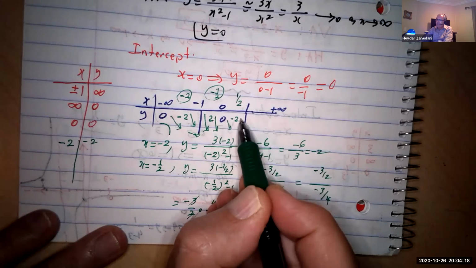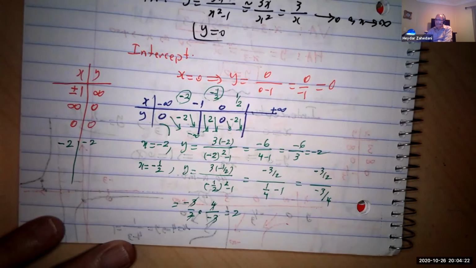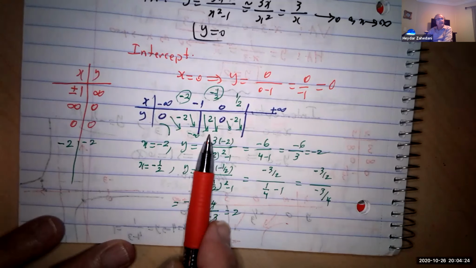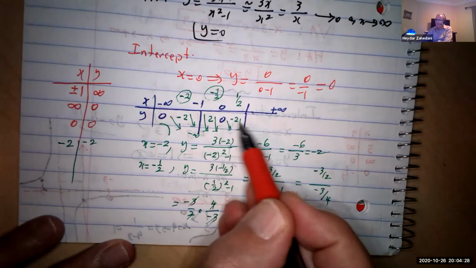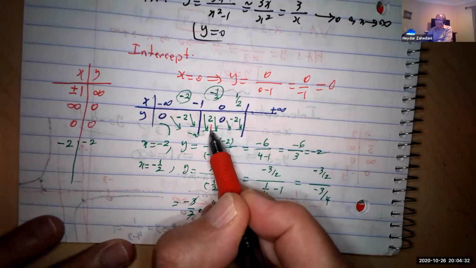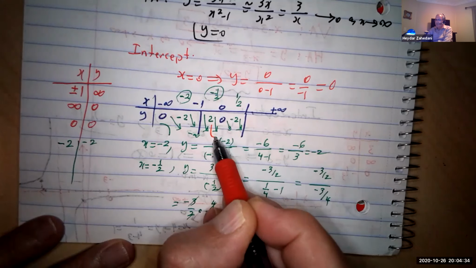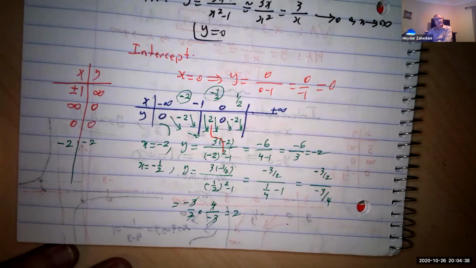So what is going to be the shape of your graph here? You start from the top, you go to the 0 and you go down, down, down. So this is going to be the shape of your graph. Okay, any question?